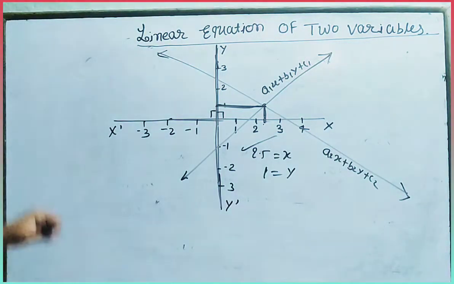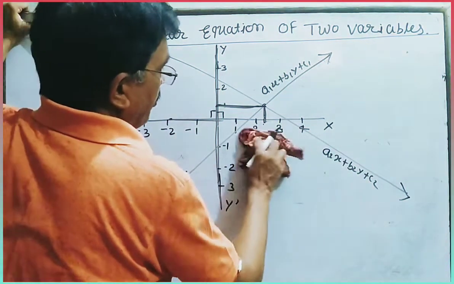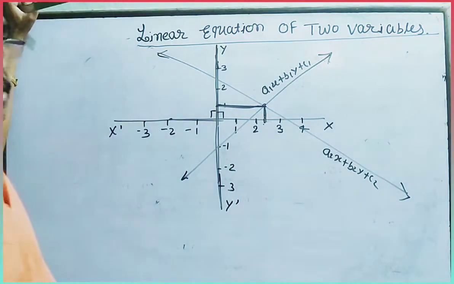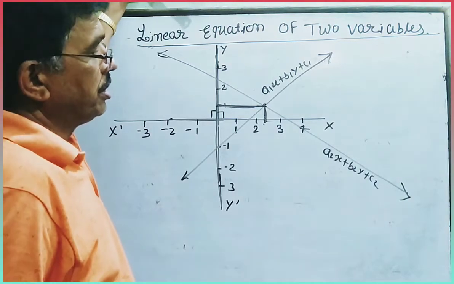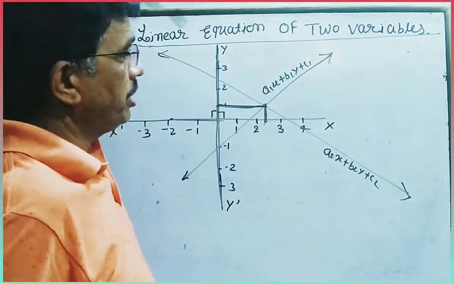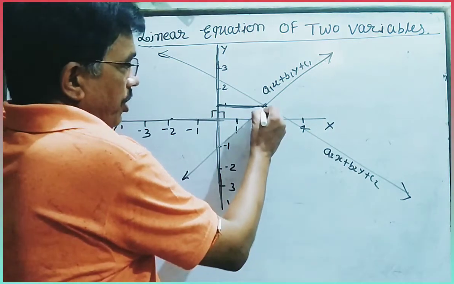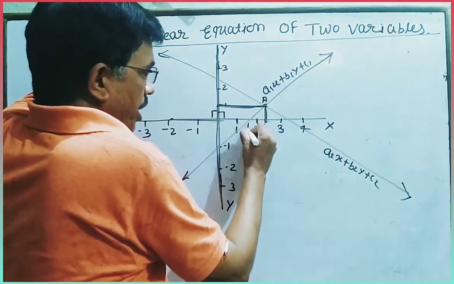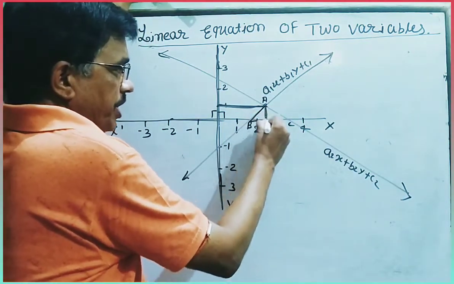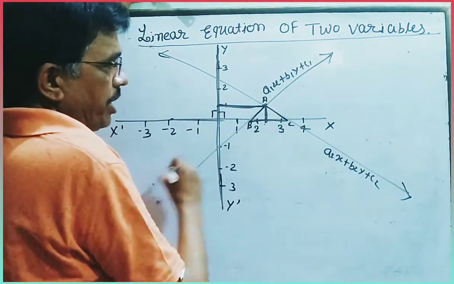Another question related to this graph: what is the area of the triangle formed by the two equations and the x-axis? Dear students, your triangle is ABC. Then you can find this area.